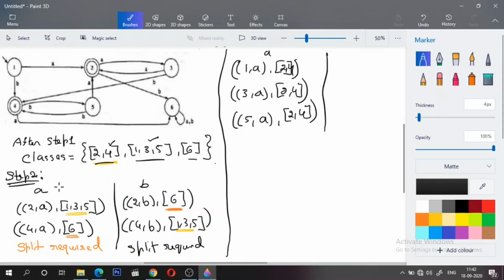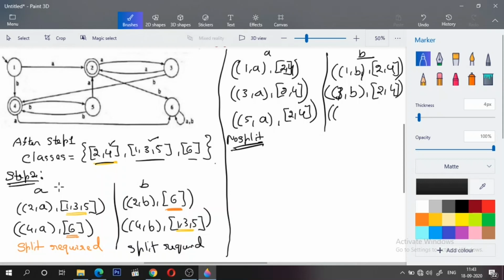So if I observe this, no split is required. Okay, what about B? 1 upon B will make a transition to 4, which is part of 2 and 4. 3 upon B will make a transition to 4 again, which is a part of 2 and 4.